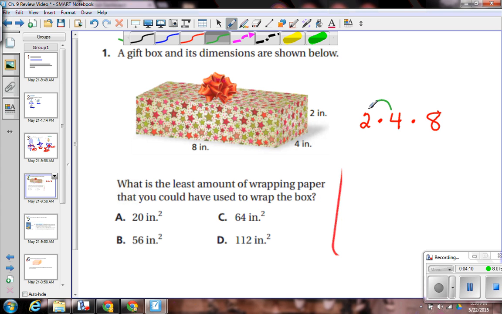So we're going to find the area of each face. And don't forget, we have 2 of each of those faces, so let's multiply the sum of 8 plus 16 plus 32. We should be getting this answer of D.